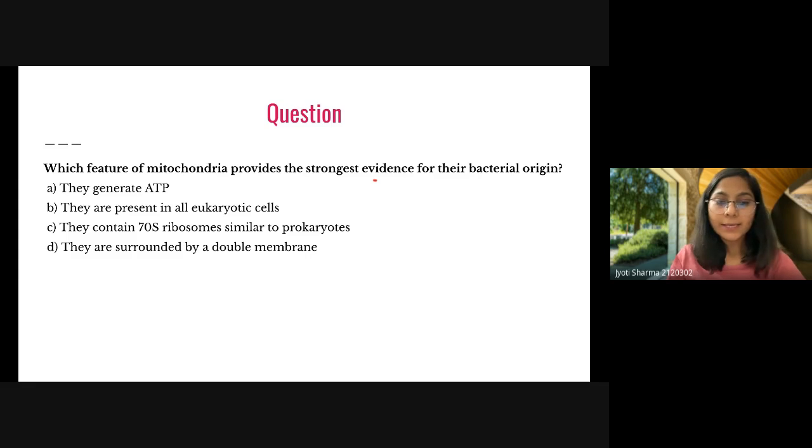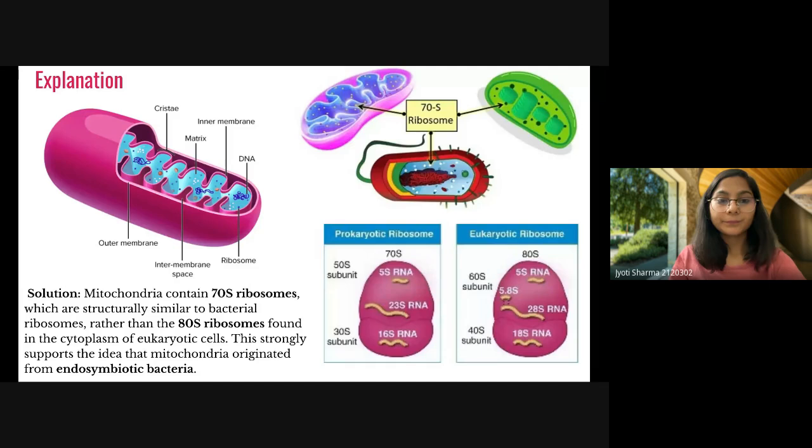So the right answer is they contain 70S ribosomes. Let me show you. On the left-hand side, this is the structure of the mitochondria, and the mitochondria have the matrix. In that matrix it has its own DNA and its own ribosomes, and these ribosomes are different from the ribosomes we have in the cytoplasm of the eukaryotic cell.